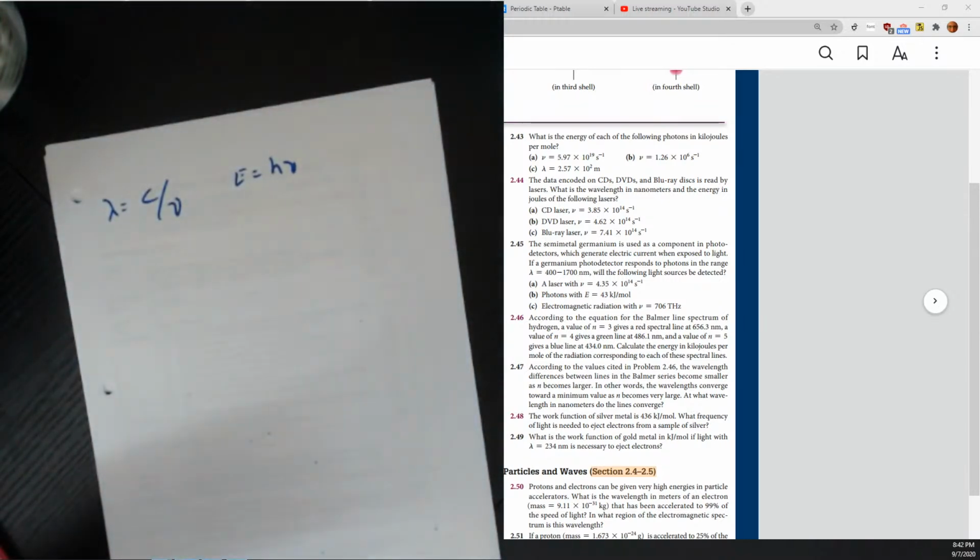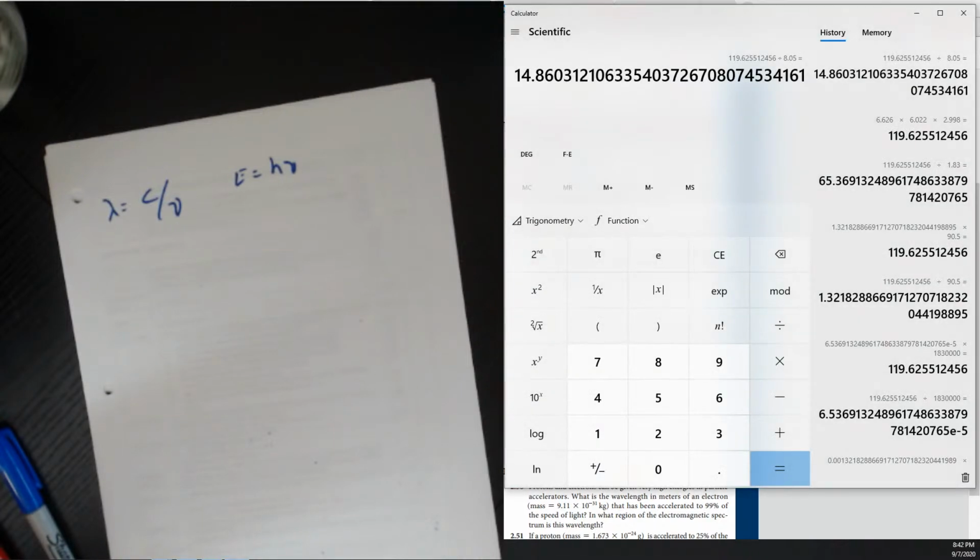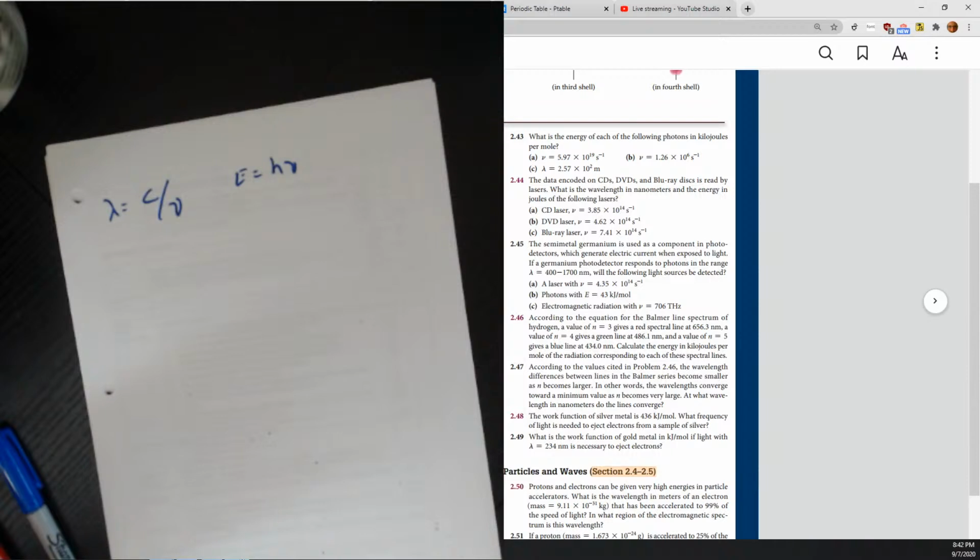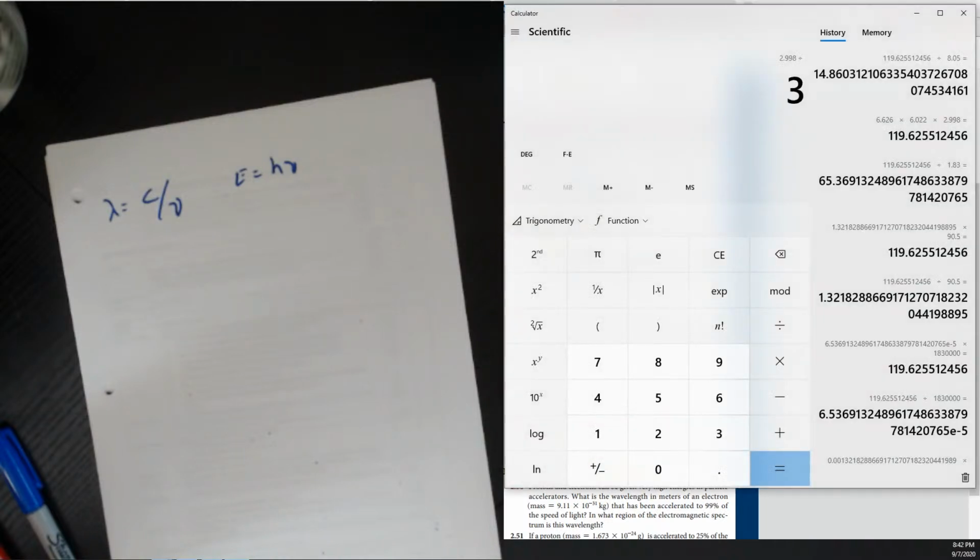So it's just really simple, straightforward math for each of these. For the first one, we're looking at a frequency of 3.85 times 10 to the 14th. So 2.998 times 10 to the 8th divided by 3.85 times 10 to the 14th.